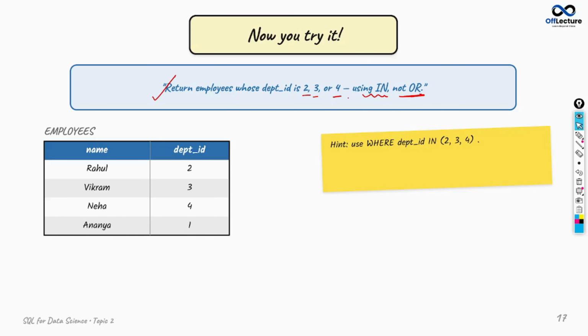Try this one also, and this one also. Write the queries both ways, and from that you will understand why IN is more preferable in comparison to OR. Just pause the video, write the query, execute it in SQL Server, and then we'll see what the answer is.